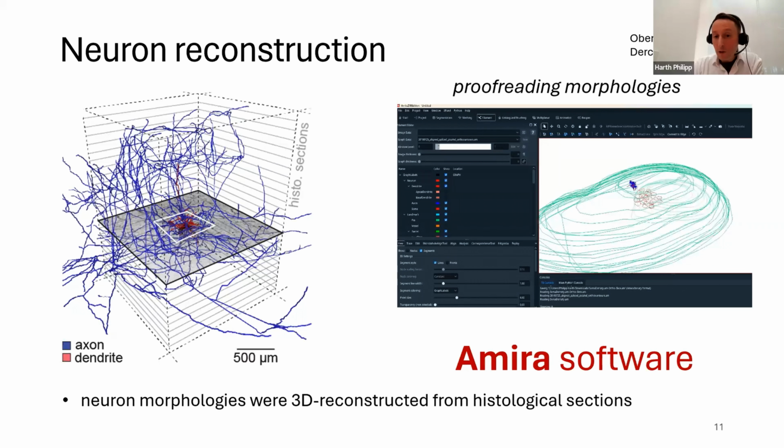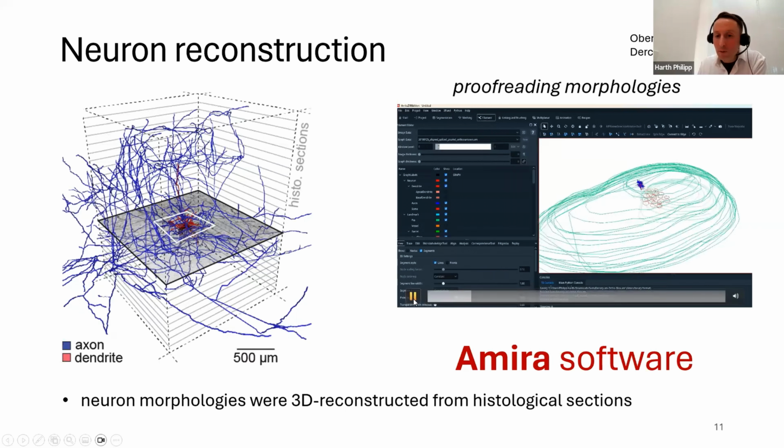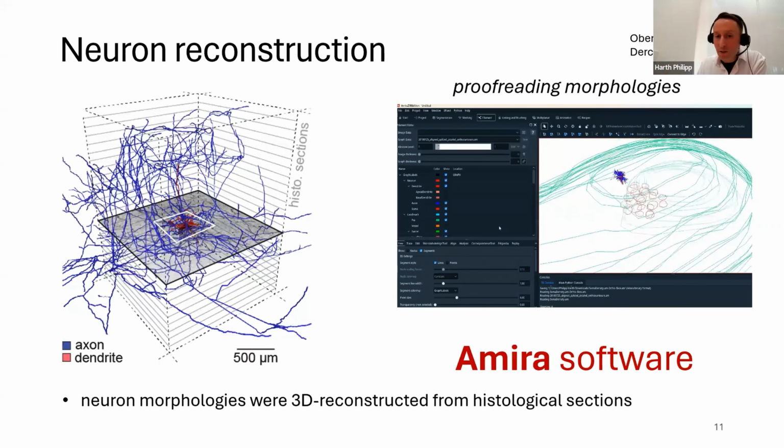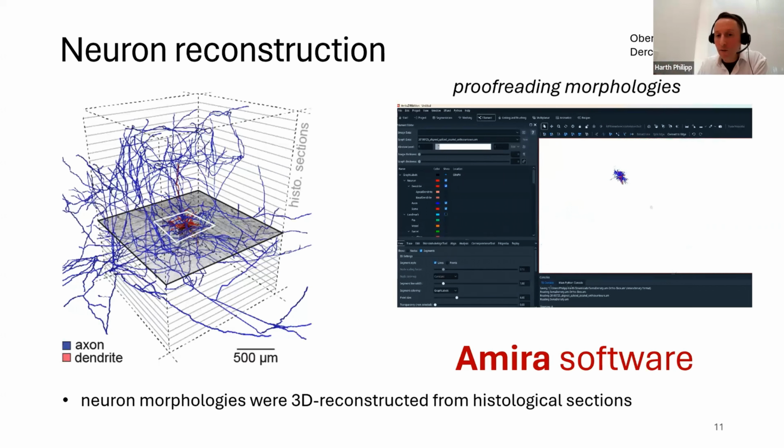Yeah, currently in this project, Amira is used for proofreading. I should mention there are multiple software packages available, of course, but I can certainly recommend Amira, which has a filament editor where you can pick individual segments of the neuron and remove connections, add branch points, remove intermediate branch points.